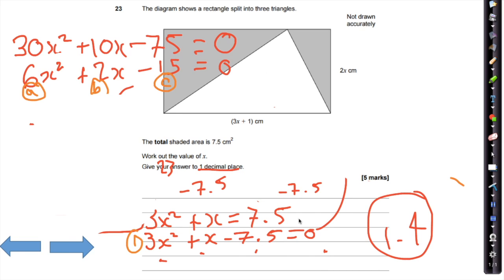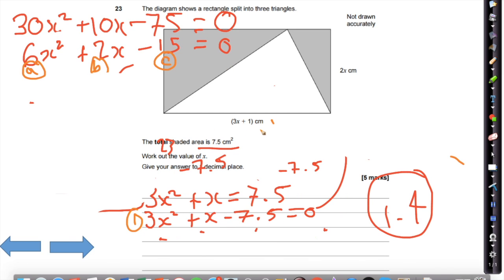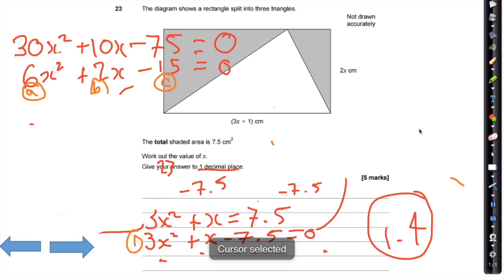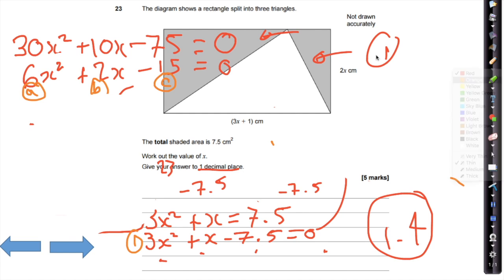The first one is over here for getting your quadratic formula equation, but only after getting your area of the triangle. So once you found whatever the area of the triangle was, that was your first mark. Your second mark was down here for getting your 3x squared plus x minus 7.5.